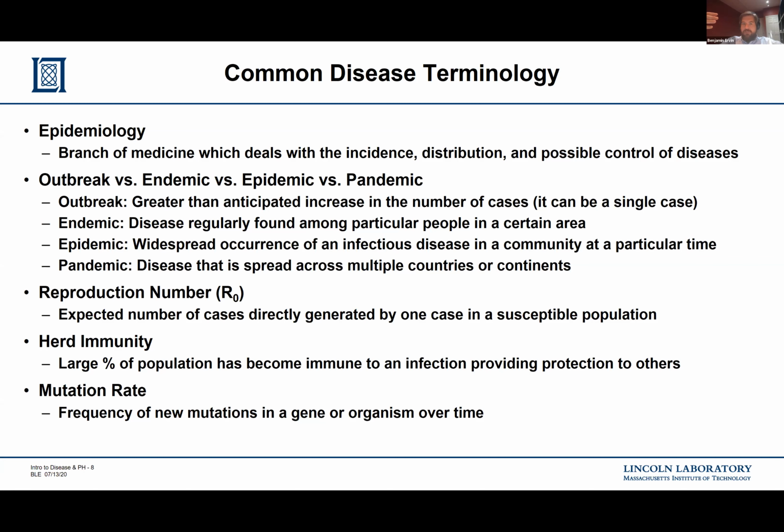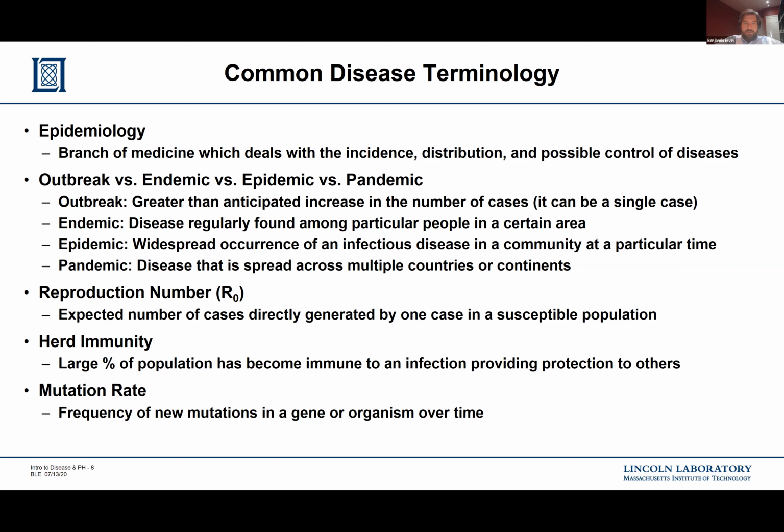If it's 2, then R0 is 2. If it's 3, then it's 3, and so forth. That's the reproduction number. When we talk about SARS-CoV-2, the reproduction number is generally stated as 2 to 4 people. So when you get infected with it, you're going to probably on average infect 2 to 4 other people, who would then infect 2 to 4 other people.